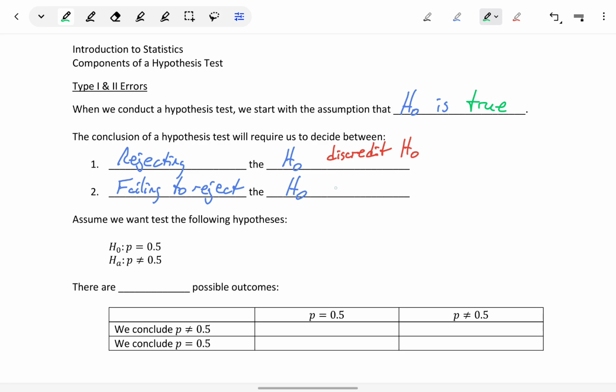In that scenario, we maintain the assumption stated by the null hypothesis.